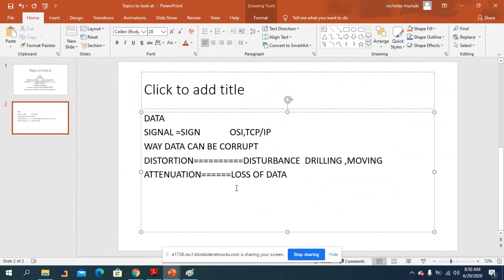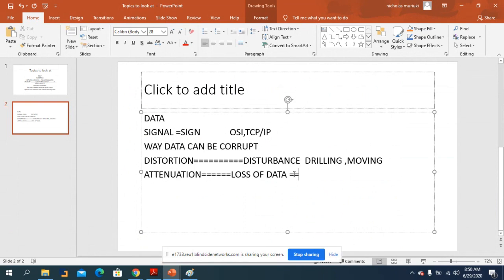It has some disturbance. Maybe there is a background sound, maybe somebody doing some drilling. So you can hear drilling, or you can hear some other communication that is not relevant in the background. But attenuation is the loss of data.